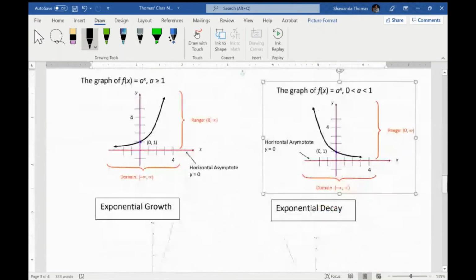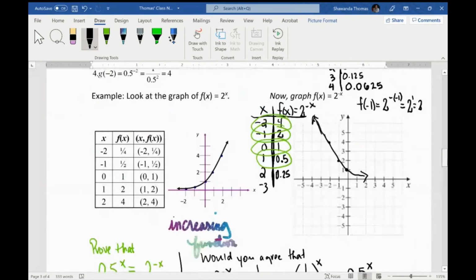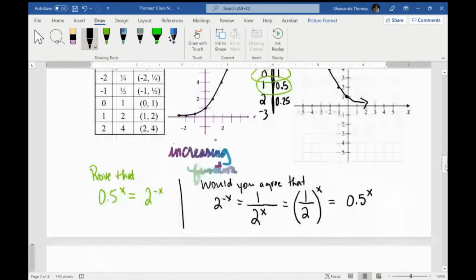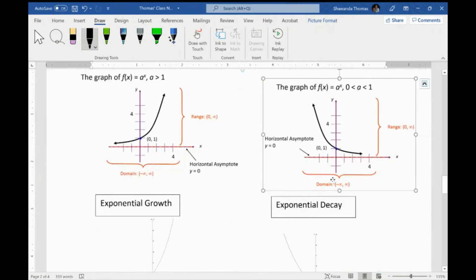On the right, for the 2 to the x, a was greater than 1, so it was increasing. That's going to happen every time a is greater than 1 and you have a to the x power. That's an example of exponential growth. When it's decreasing, that is an example of exponential decay.